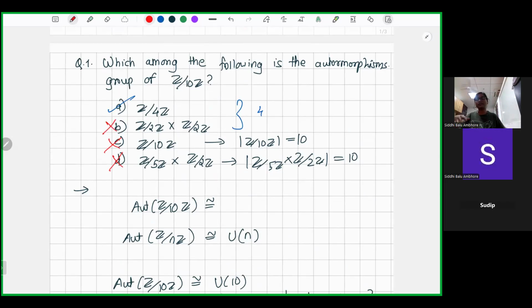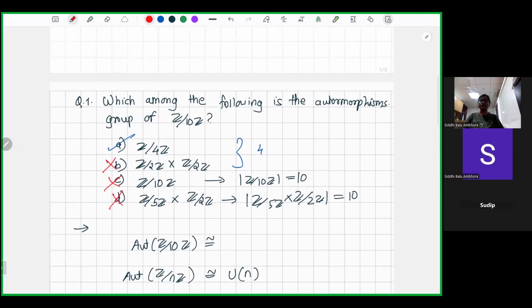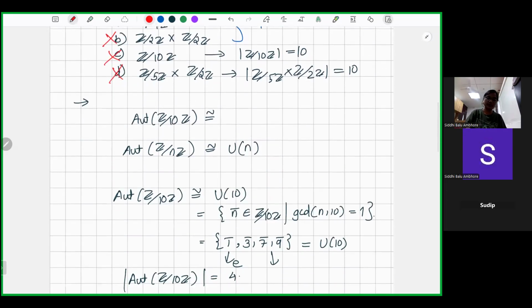Okay, so I hope this is understandable. We had to find the group of automorphisms of Z10. What we did is something we have been using multiple times in the lectures: the automorphism group of Zn is isomorphic to Un, and it has nothing to do with Zn here.